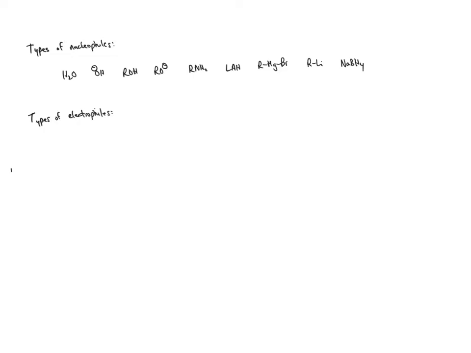And so the reactivity series goes as follows. The first one is the carboxylate. Right, so this is a deprotonated carboxylic acid. This is the least reactive or the least electrophilic.